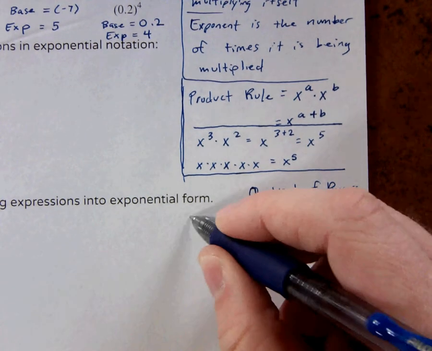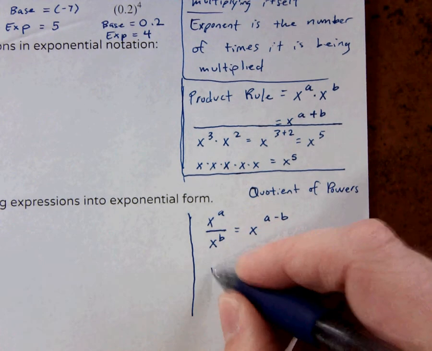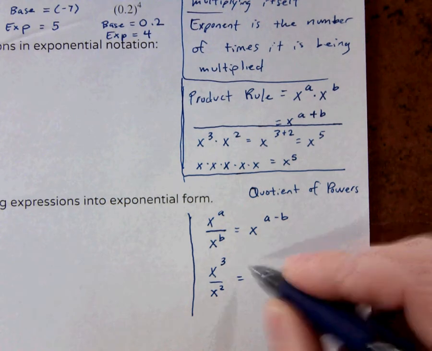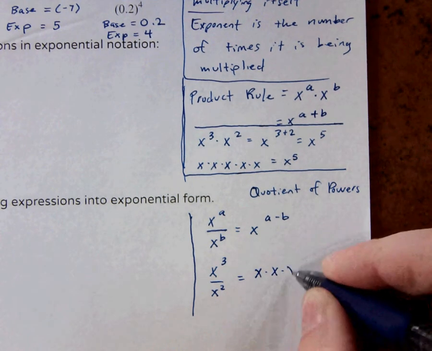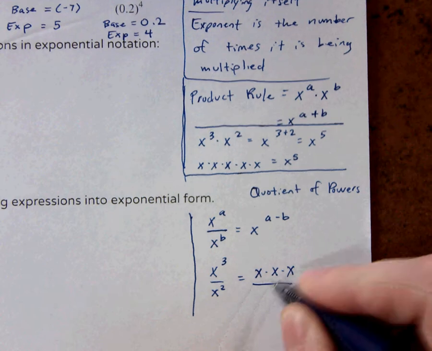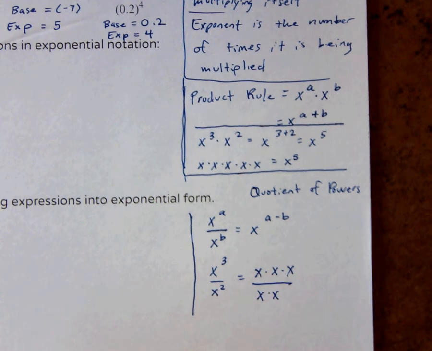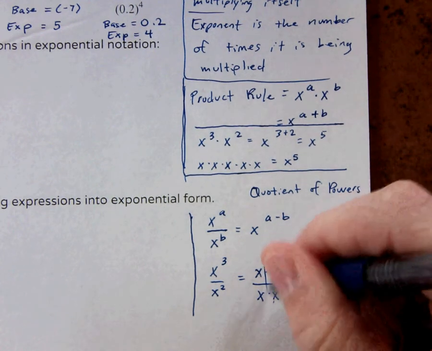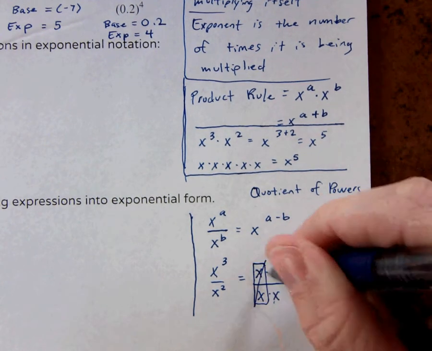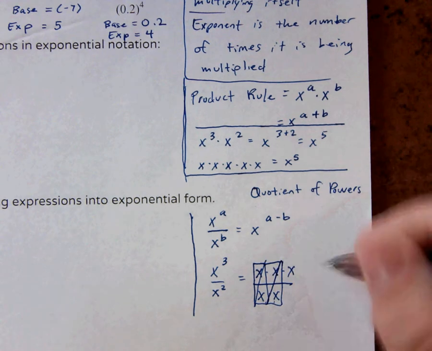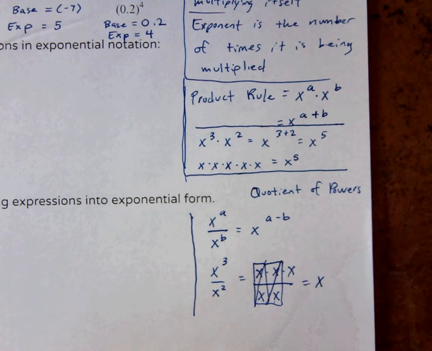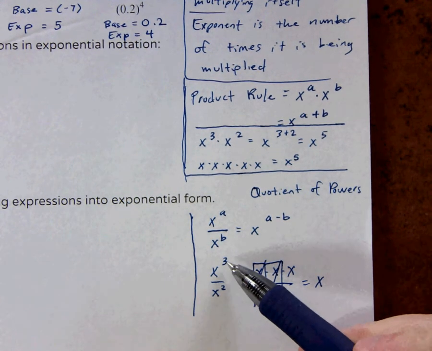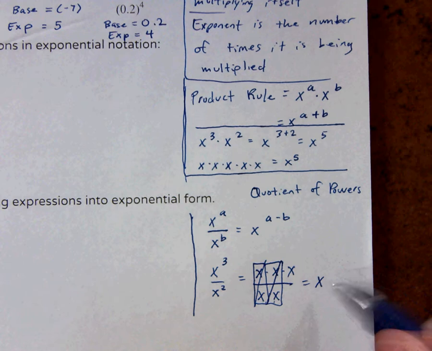Let's take 3 and 2 again: x to the power of 3 divided by x squared is the same thing as x times x times x divided by x times x. The x over x cancels out, and so does x over x again. So those two cancel out, and I'm left with just x alone. Or we could have just said this is x to the power of 3 minus 2, and 3 minus 2 is 1.